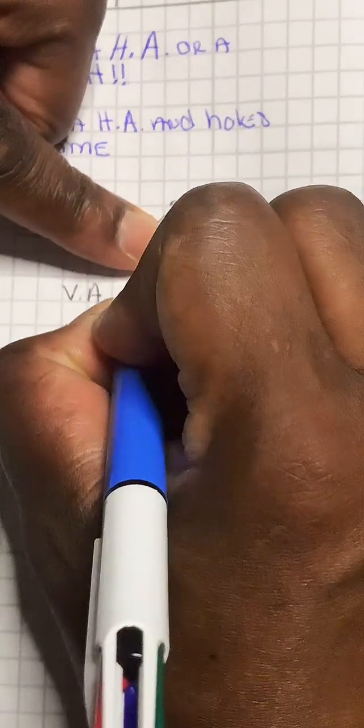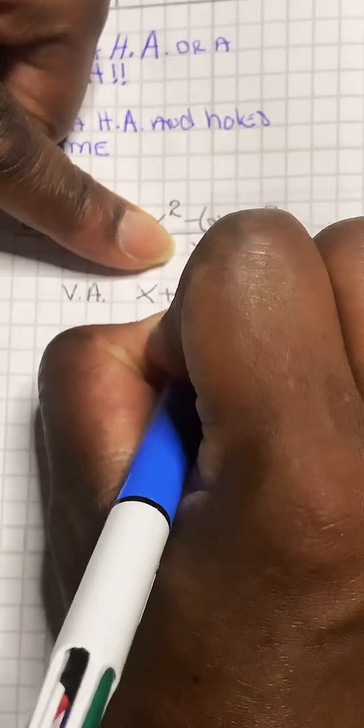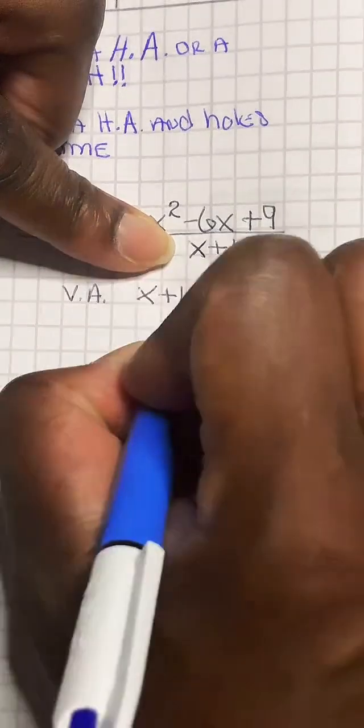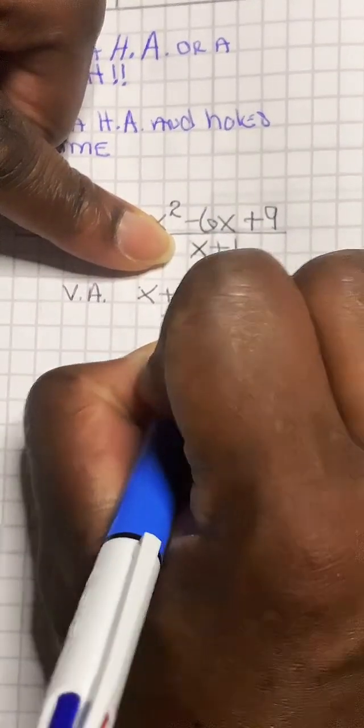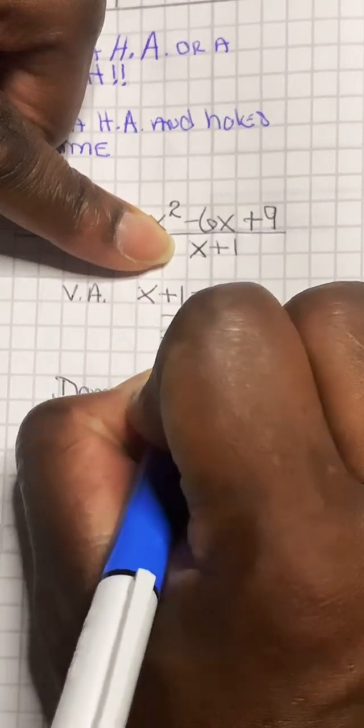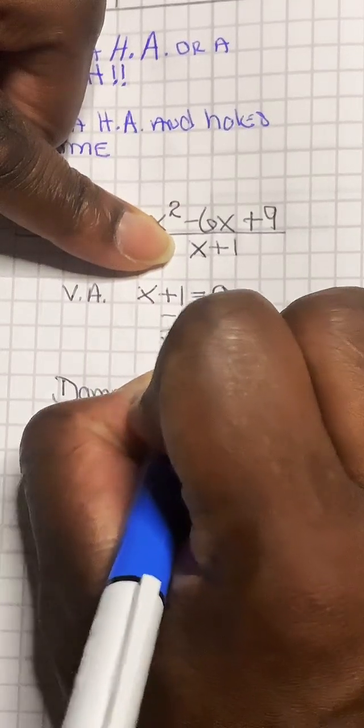For the VA, you want to set that denominator equal to 0. We want to know what number is going to make that equal to 0, so you can subtract 1 on both sides, which gives us x equals -1.